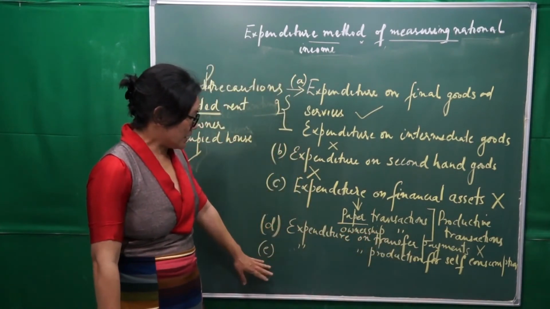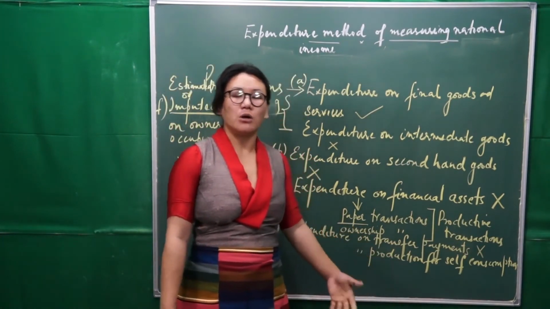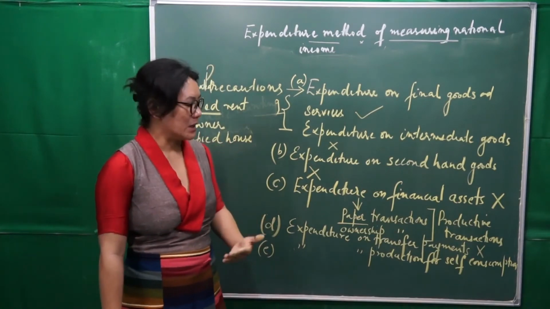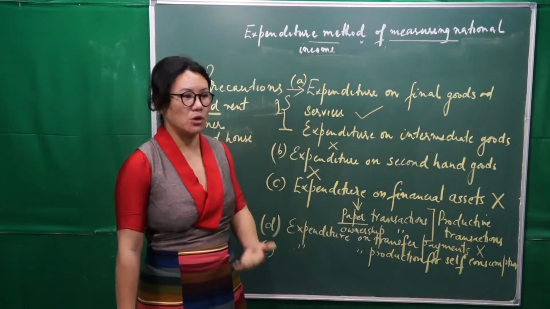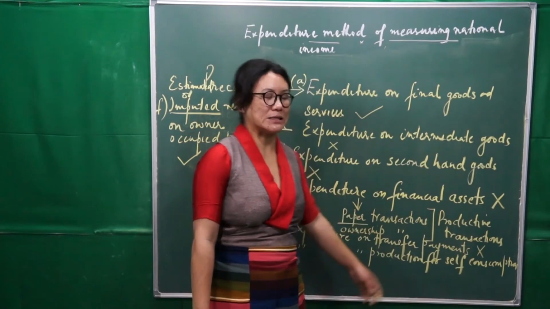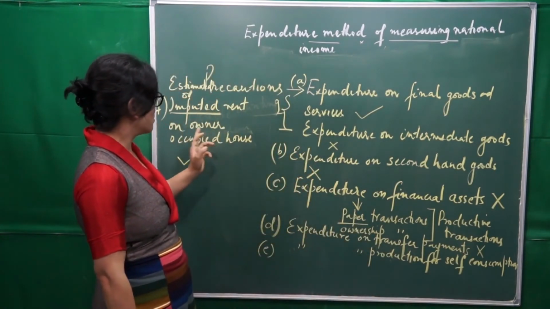Okay. Then E, production which is done for self-consumption. This is included. Why? Even if production is meant for self-consumption, it is included because here production activity is taking place. And finally, we have imputed, that is estimated, rent on owner-occupied house.